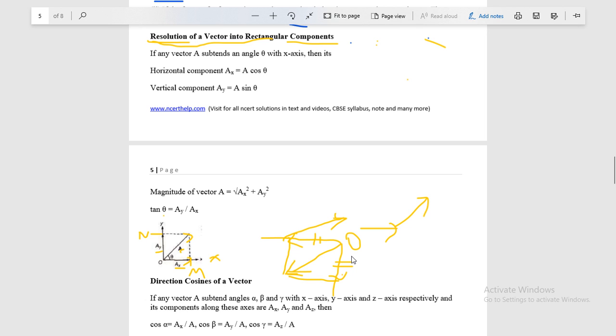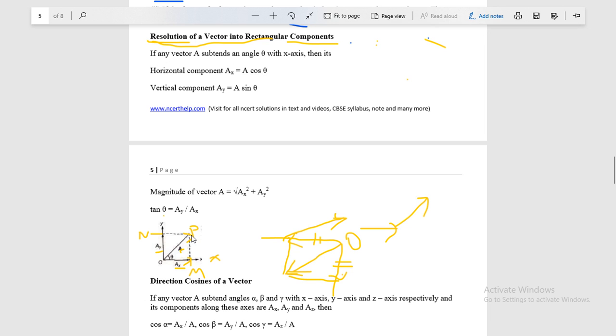Now you can find out the magnitude of this component AX. The length of OM will be equal to the magnitude of the vector along the x-axis. If this angle is theta, and this point is P, then angle POM is theta.